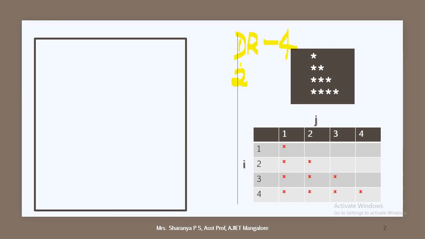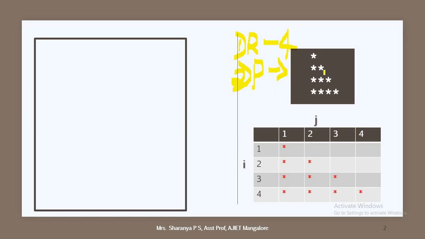The next question is, what is the pattern that we want to display? Here it is a star pattern, or sometimes it will be numbers, alphabets, or some other combination of these. The second question we have to identify is what the final output is that we want to display.